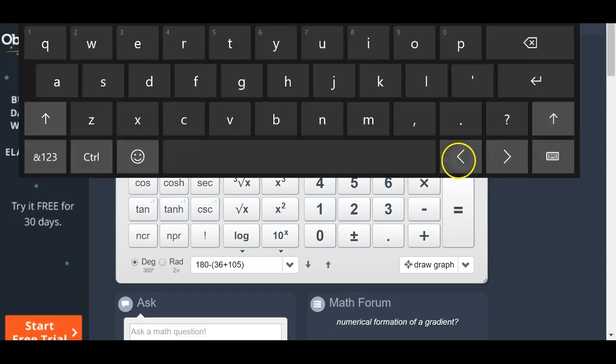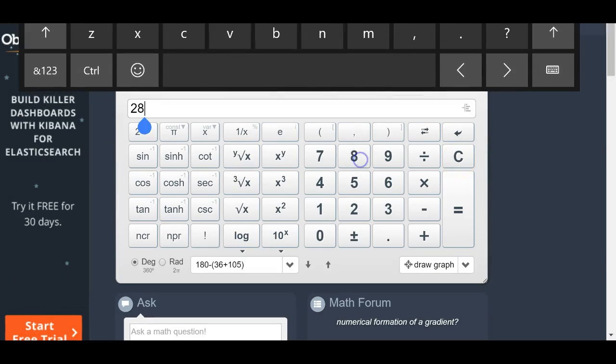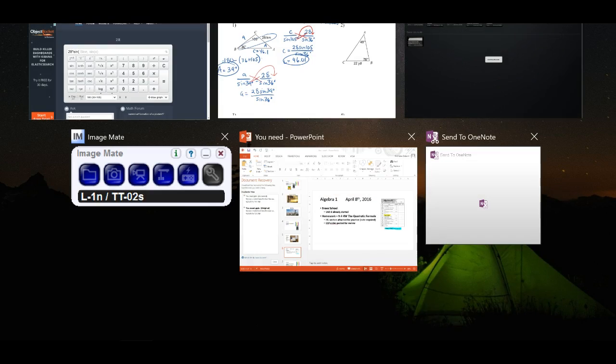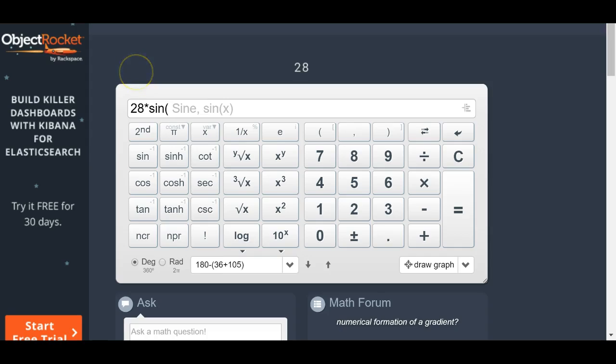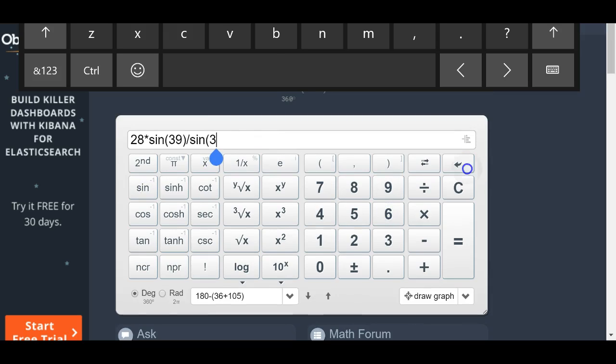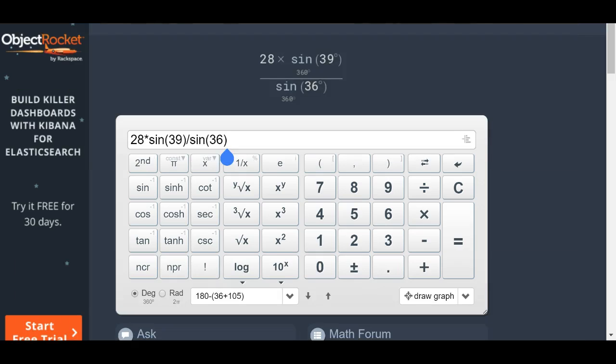So now clear that. 28 times the sine of 39, over the sine of 36. So sine of 39 divided by sine of 36. Oops, not 39, 36. And just to double check, make sure I set it up right. Look at how it's laid out.